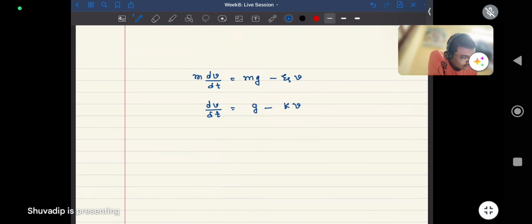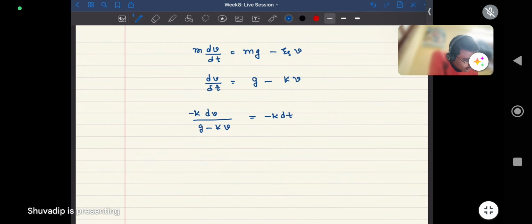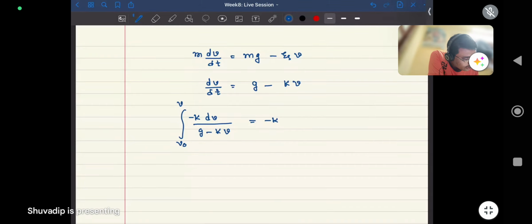Now dv by g minus kv equals dt. Let us multiply by minus k both sides. Now if I want to integrate, let us integrate this side from velocity v0 to v, and this side from time 0 to t.